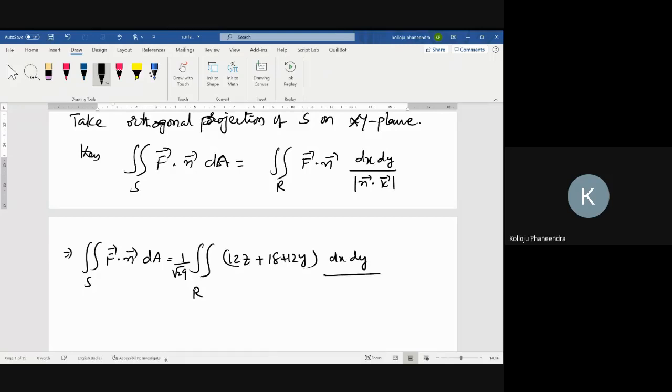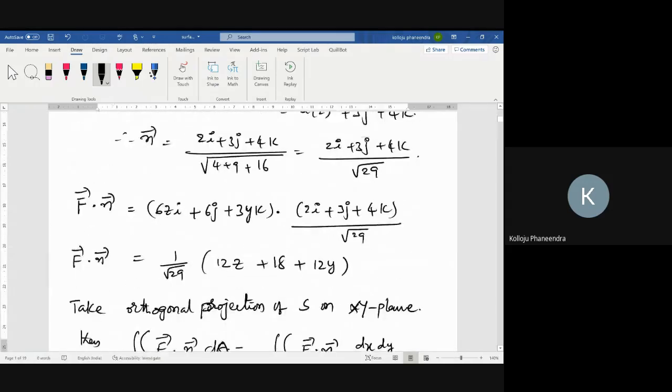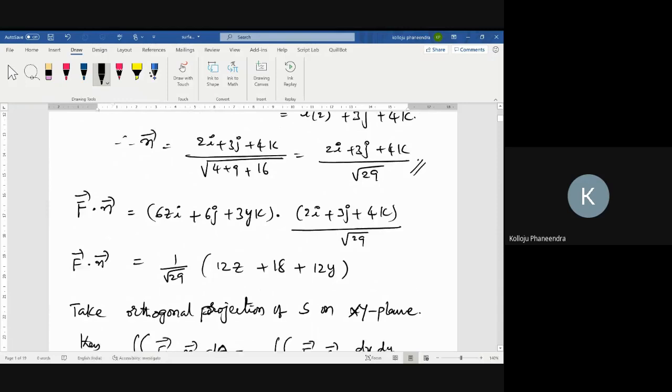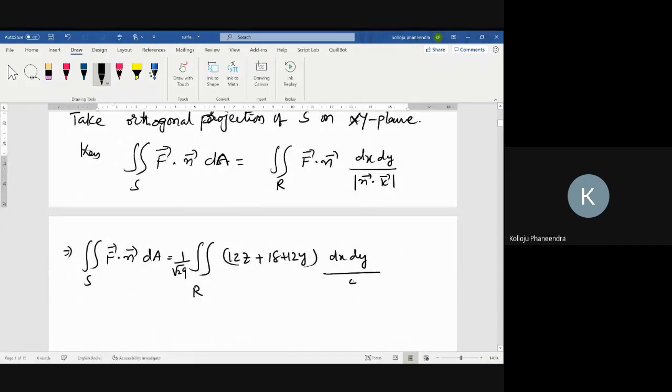What is n bar dot k bar? See, n bar is this one. n bar dot k bar means what you will get? 4 by root 29.